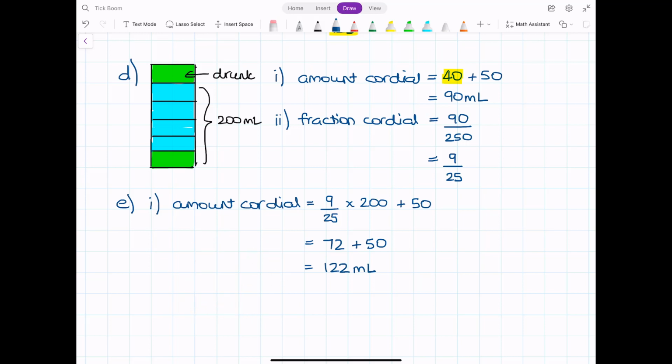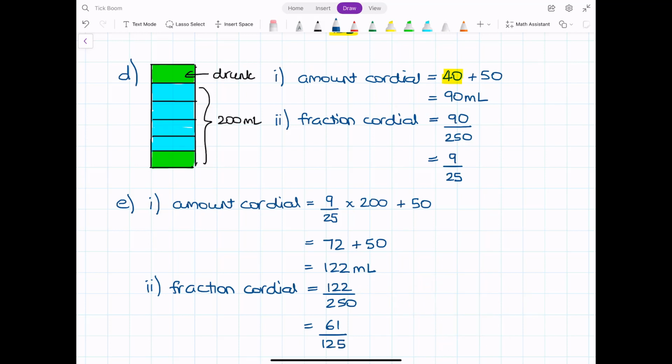And then for part 2, we want to calculate the fraction of cordial that remains after that process. And just like we have with the other sections, that would be the amount of cordial, 122 mils, divided by the 250. And if I put that into the calculator, 122 over 250 can simplify to 61 over 125.